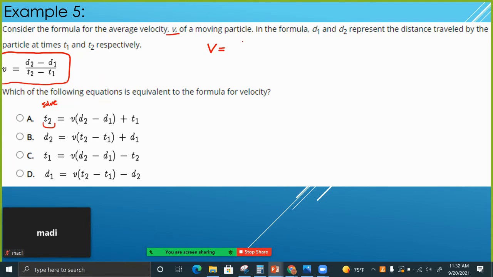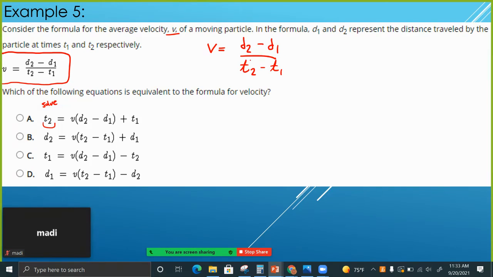So here's our original formula: D2 minus D1 over T2 minus T1. Okay, so we want to solve for T2. This one's hard because it's T2 minus T1, and it's in the bottom of a fraction. So how do we get the T2 and the T1 out of the fraction denominator?